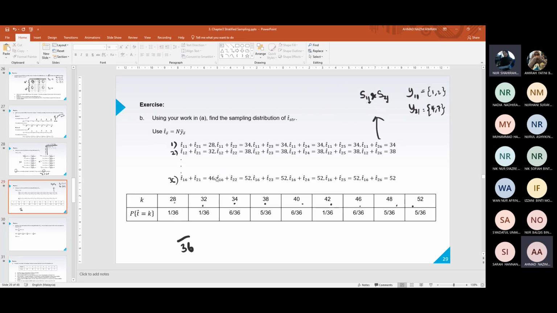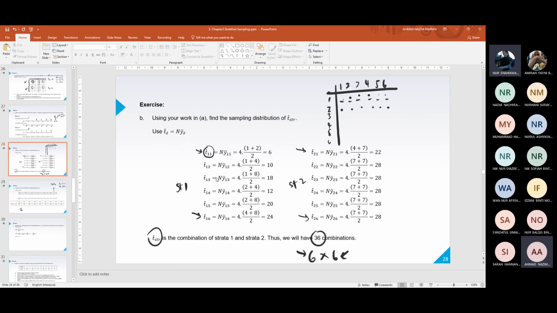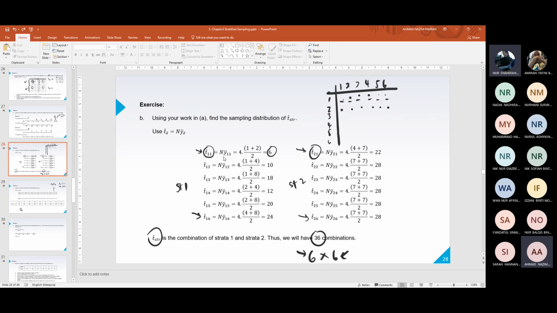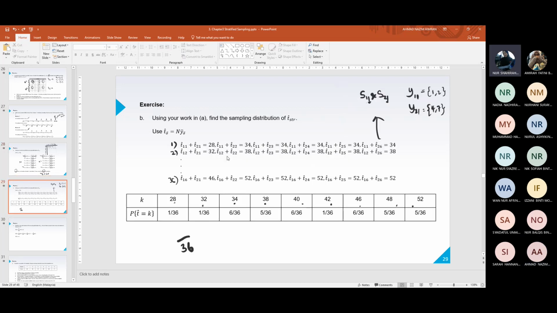Alright. Sekejap, 1, 1 and kita tak klik yang 2, 1. Okay, 1, 1 is equal to 6. Oh, this one here is 2, 1. 2, 1 is 22. Sorry, saya salah, saya tersalah tengok. Bukan ni.